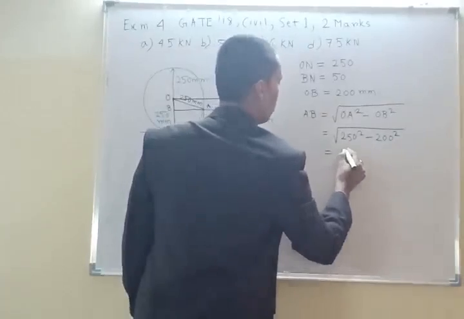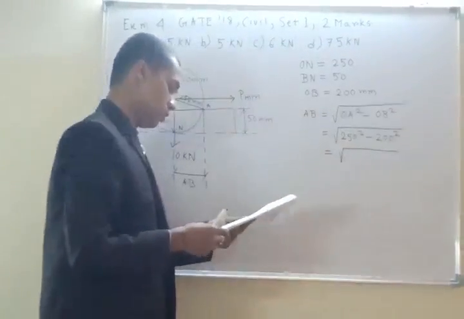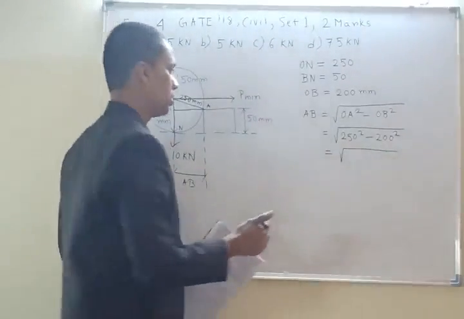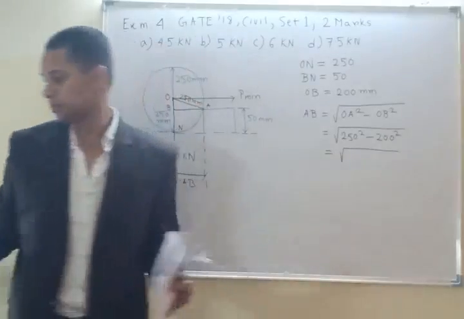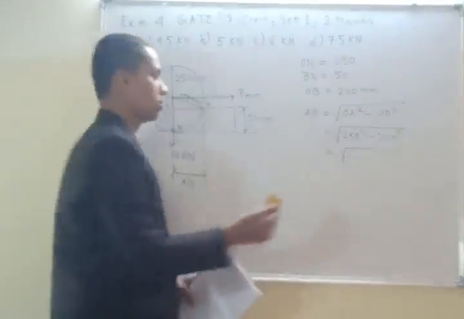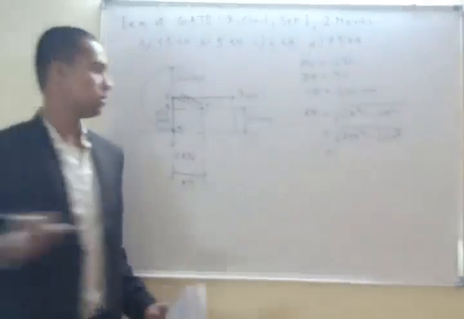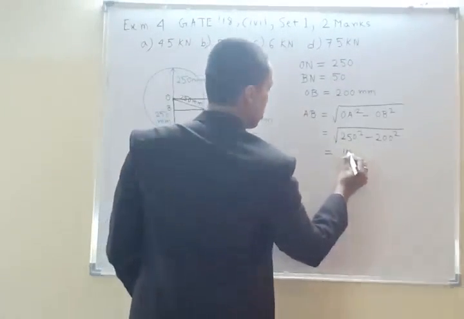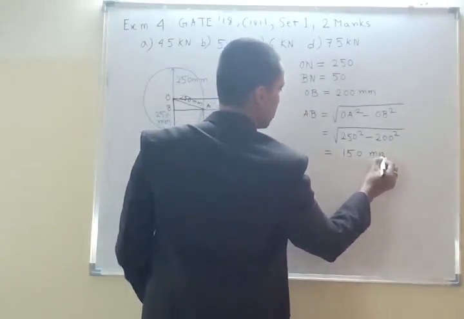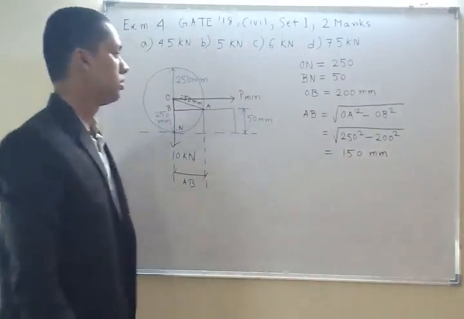So AB is the root of 250 square minus 200 square, which is 150 millimeter. This is 150 millimeter.